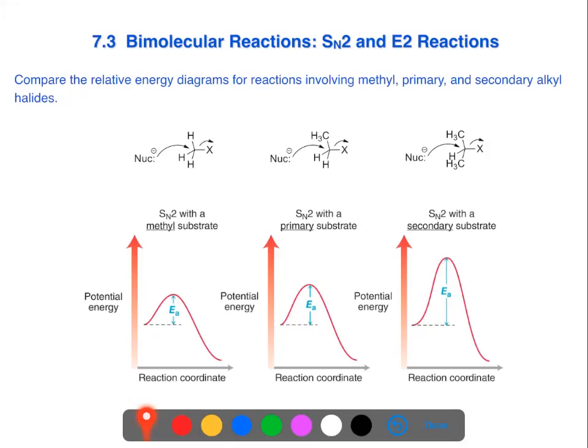And so we can use absolute values, measurements that we make in the lab, to compare the relative rates of reactions. We can also use energy diagrams as a pictorial view of those same rates. But as you can see, as we increase the number of substituents around the alpha carbon, the rate of the reaction via the SN2 mechanism will be reduced.